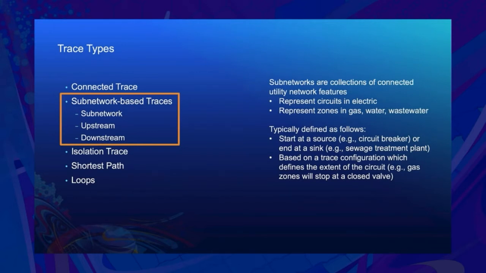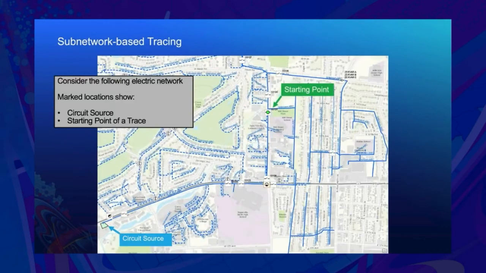An example of a source would be a circuit breaker in a medium voltage electric network, and a sewage treatment plant for a wastewater network. That would be the sink. And what you typically do is you create this complex thing called a trace configuration that defines the extent of the circuit. So for example, you may define a gas zone to stop at a closed valve.